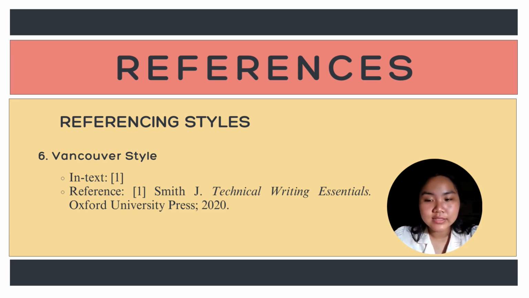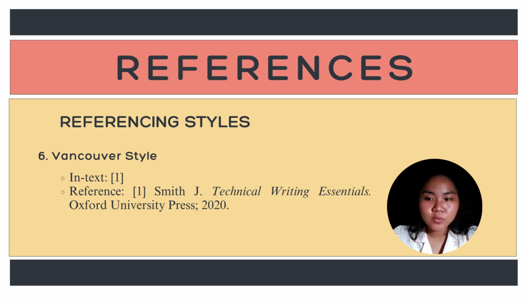And for the reference list format, we have first the numerical citation, and then followed by the author's last name, and then the first initial, and then followed by the year in a close open parenthesis, then the title of the book, and then followed by the publisher. After the publisher, you must put the semicolon. Then after the semicolon, you must have the year at the end.